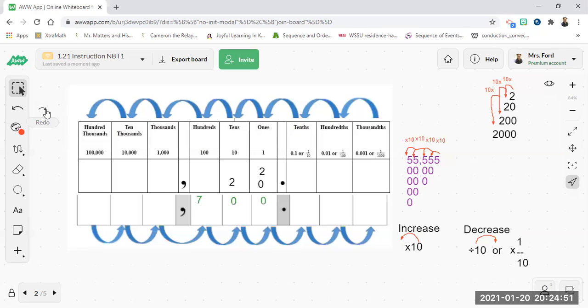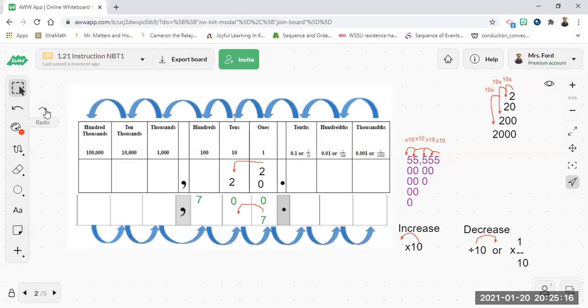So I'm placing 700 into our place value chart. Underneath, in the ones place, is the number 7. So I wonder, how many times larger is 700 compared to just 7? I see.